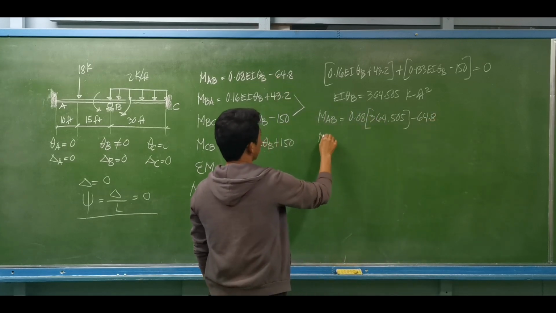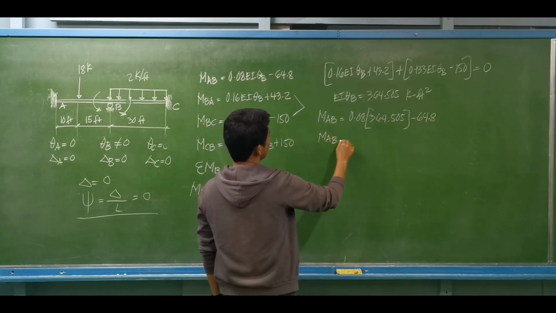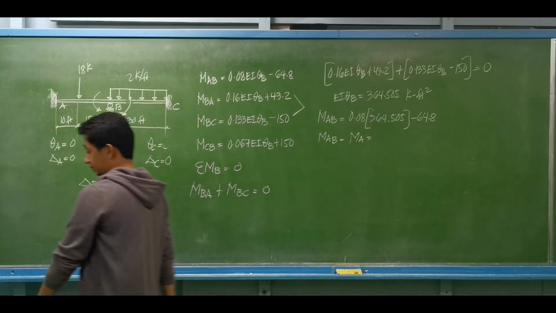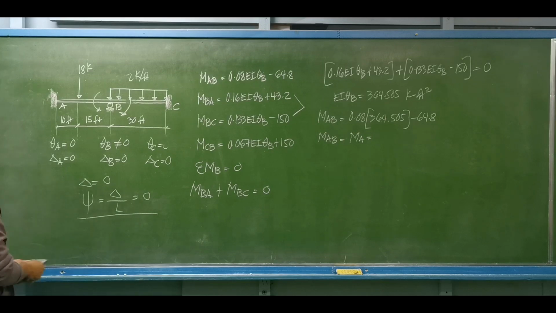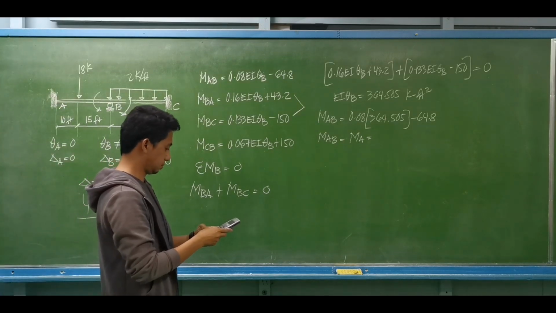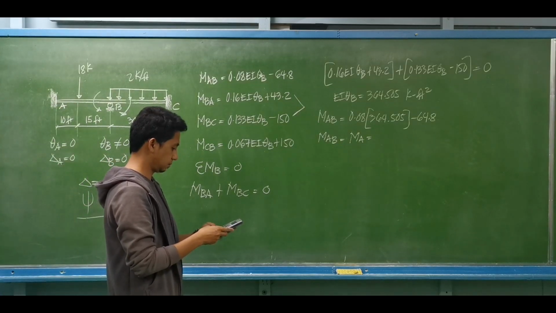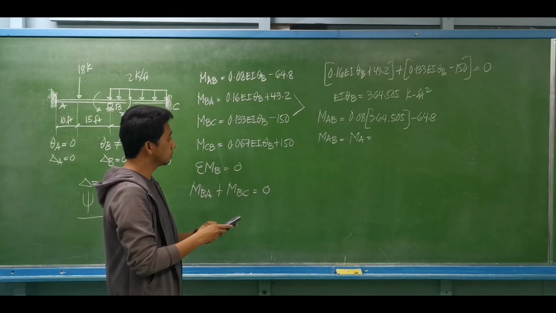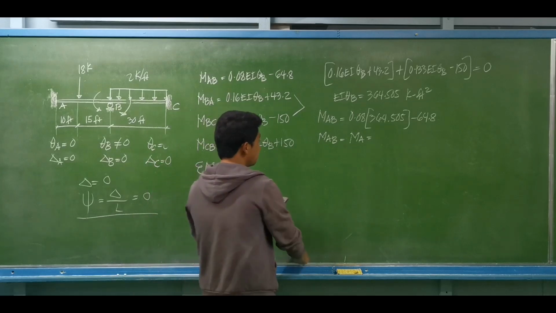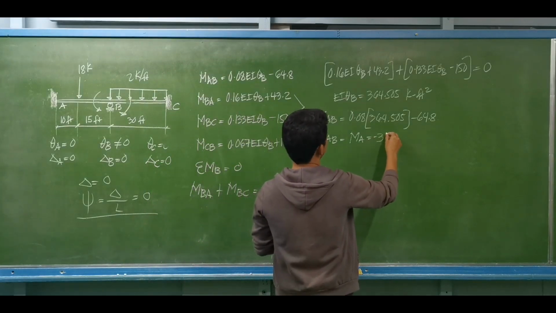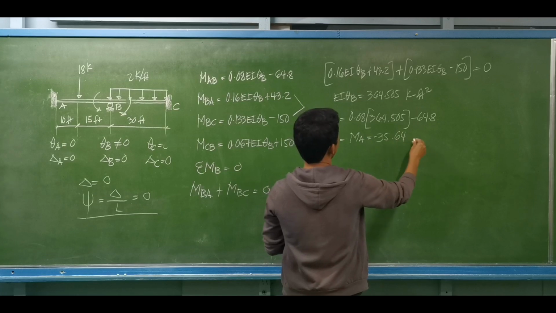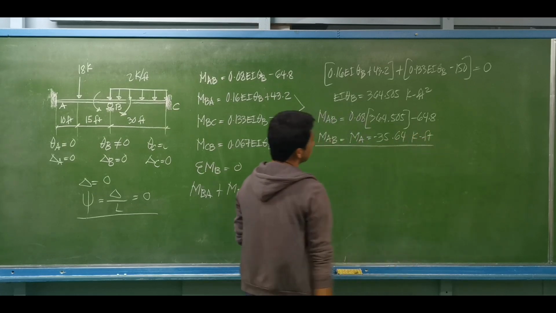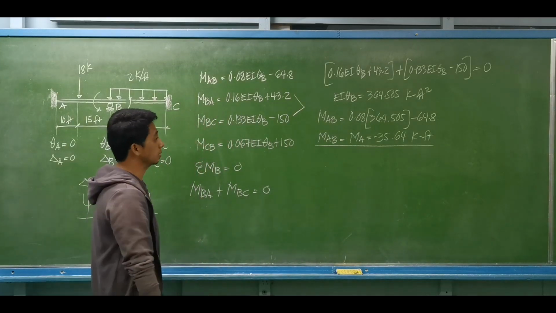So we have the moment for span AB, which is the same as the moment at A, equal to negative 35.64 kips foot.